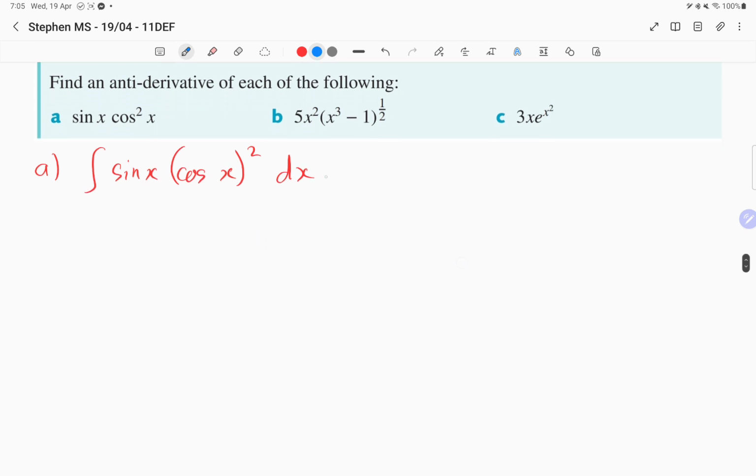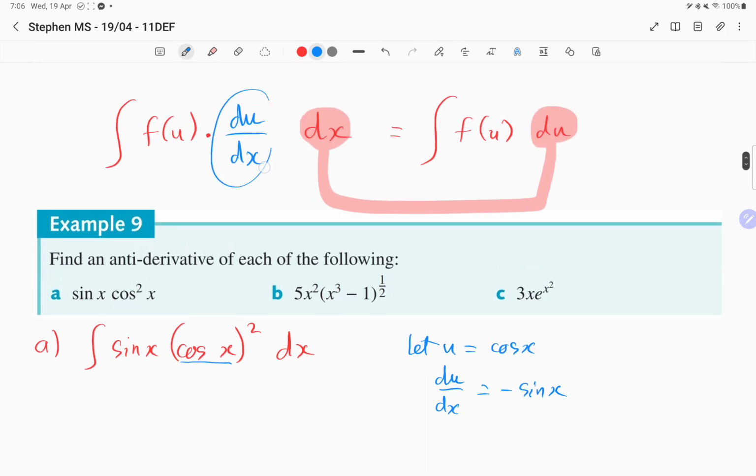So for example, if I see that, I would go let u equal cos x. And then instantly find out what du over dx is, and this would be negative sin x. Remember the formula? You want du over dx in the main expression. So this one is a function of u, and then this is du over dx.